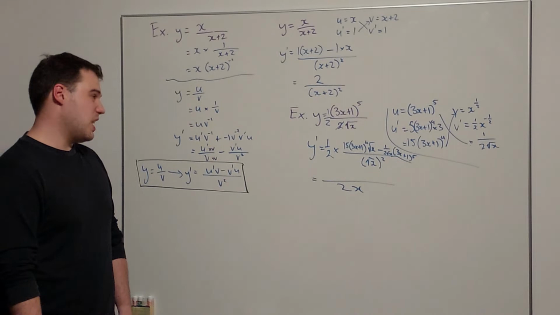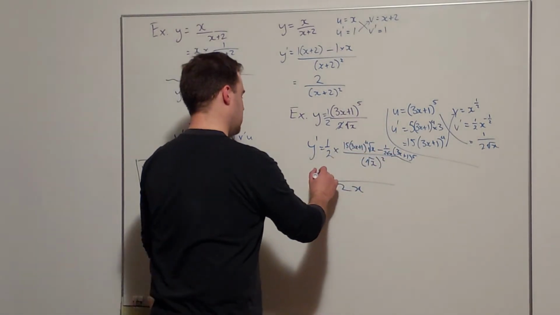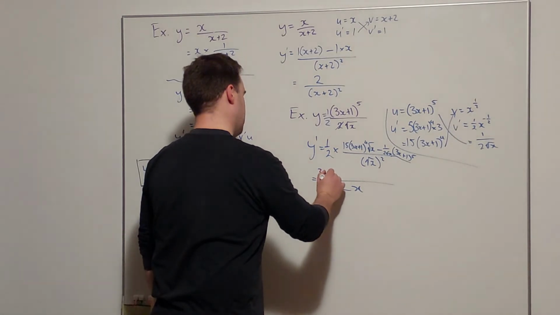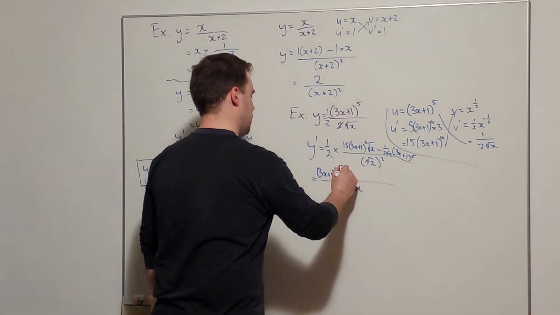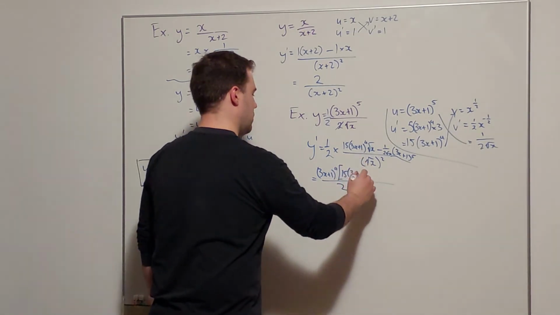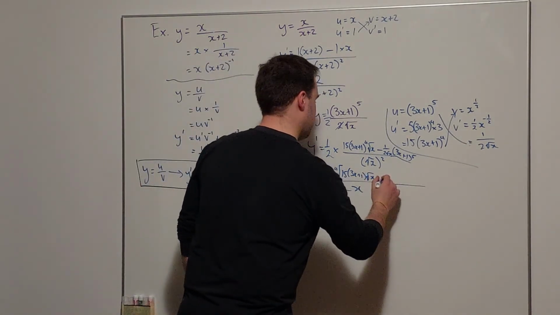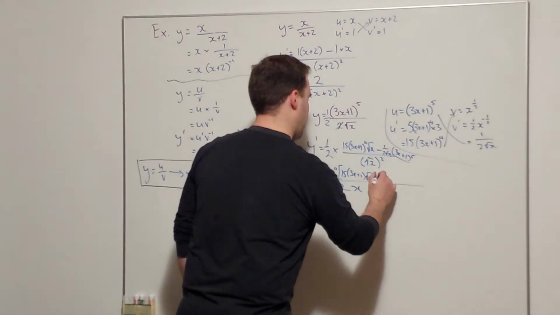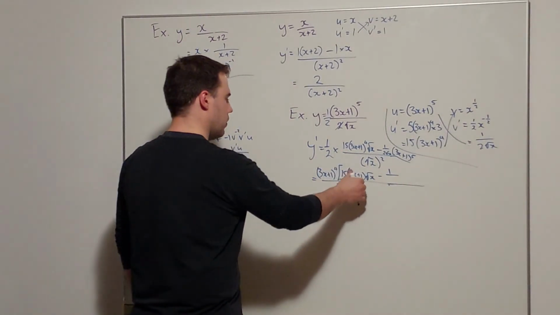We could take 3x plus 1 to the 4 out of 15 times 3x plus 1 root x minus, oh, my bad, that's the one with the 4 in it.